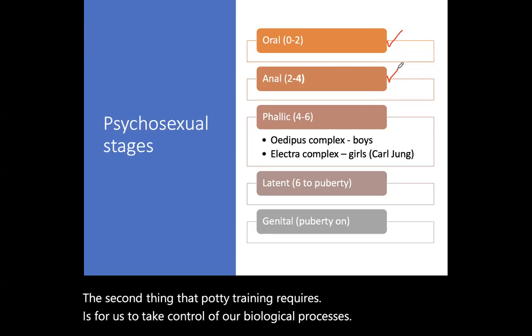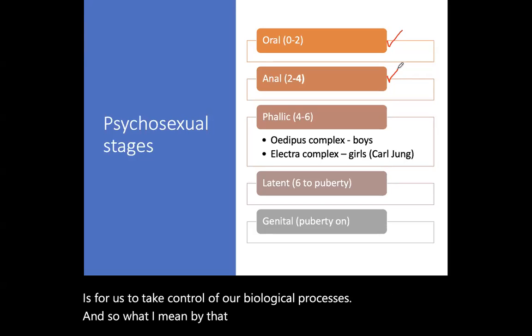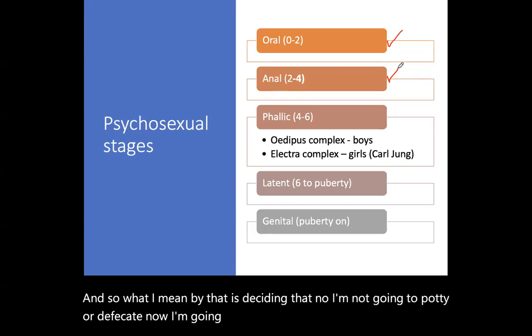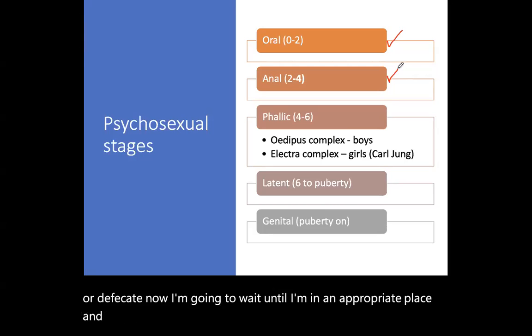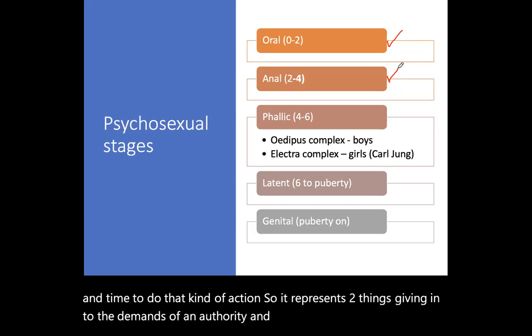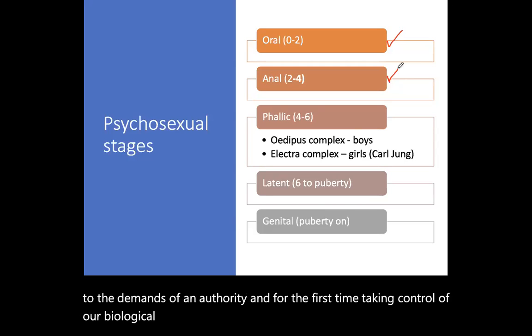And so what I mean by that is deciding that, no, I'm not going to potty or defecate now. I'm going to wait until I'm in an appropriate place and time to do that kind of action. So it represents two things: giving in to the demands of an authority, and for the first time, taking control of our biological processes, okay?